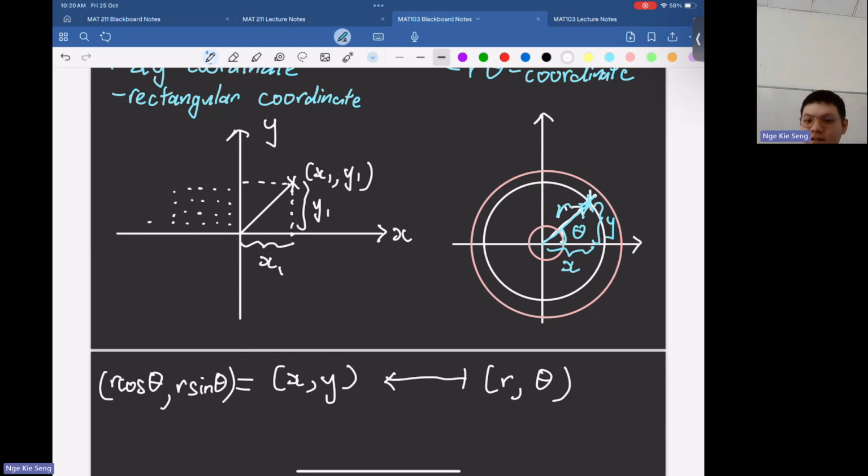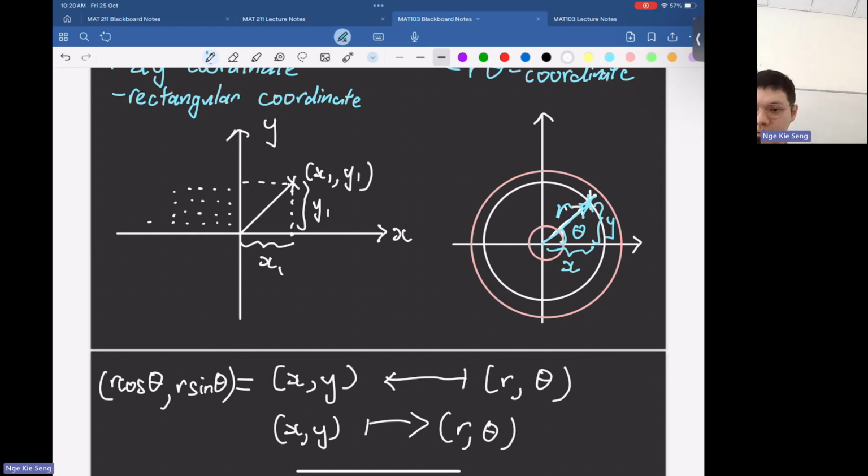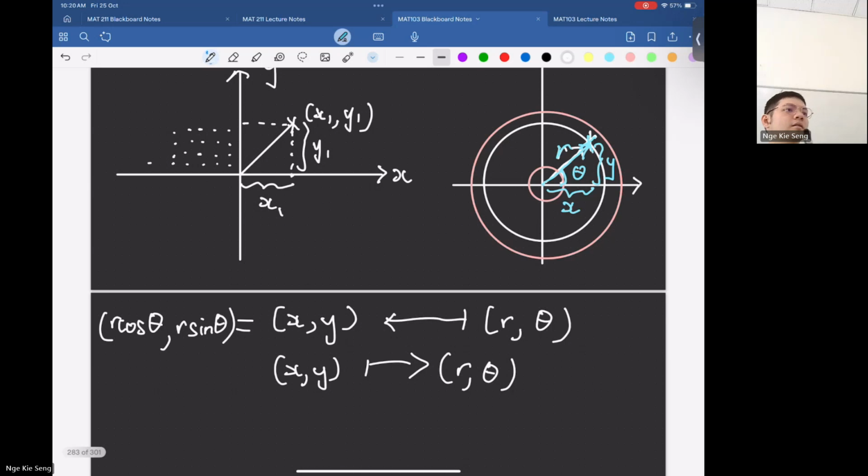How about the other direction? How to get r theta if we know x and y? Not too hard, but a bit tricky. What is r? What is theta in terms of x, y?